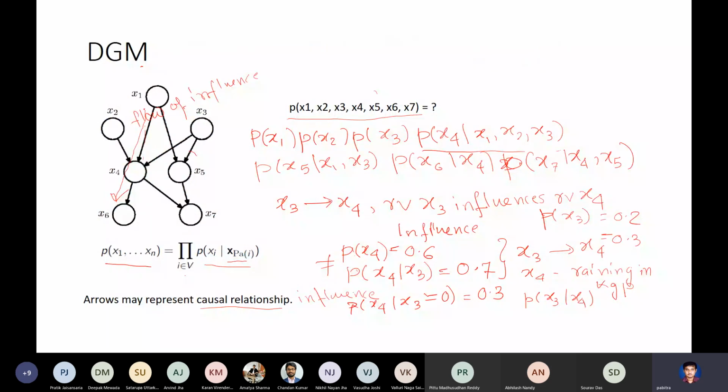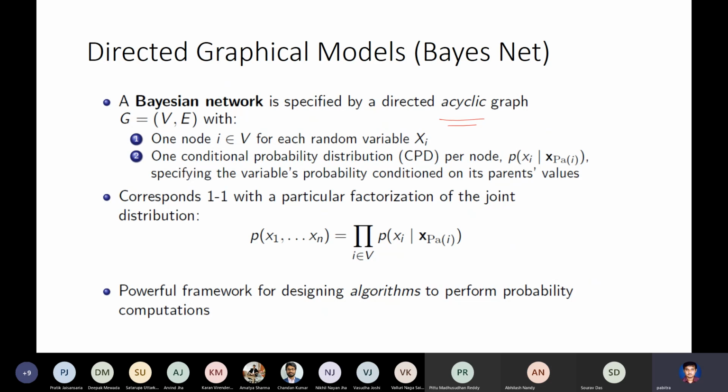There is no recursive influence, where X3 influences X4 and X4 influences X3 again. Influence can be bidirectional, but recursive causality is not there. So it's acyclic. It's sometimes called a DAG, a directed acyclic graph.